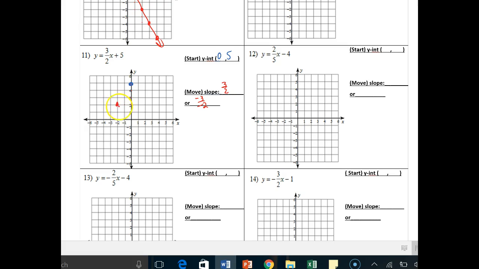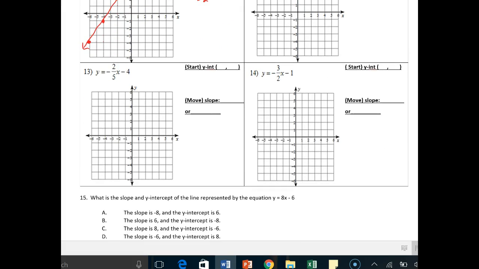Notice again how the axis counts as the line. So we have a positive sloping line with a y-intercept of 5, and that's exactly what we have there.